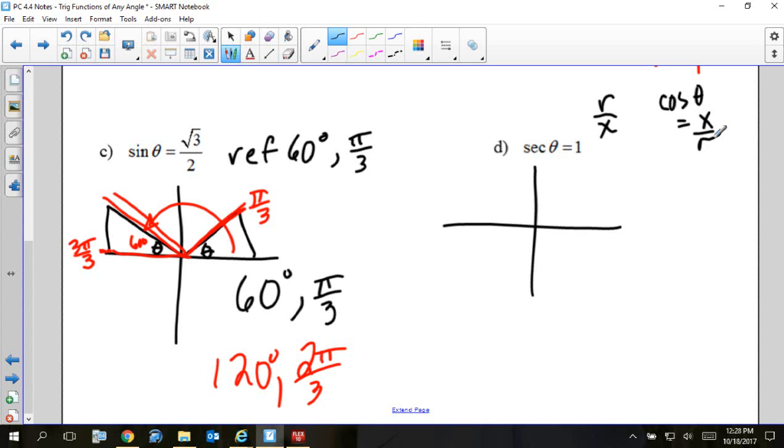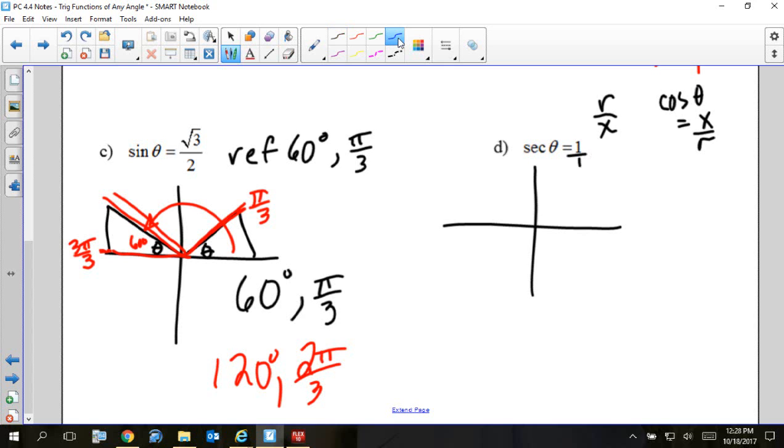But 1 is the same thing as 1 over 1, so for X and R to be the same, the radius and the X value to be the same, you can't have a triangle. For two sides of the triangle to be the same and one of them is a radius, it's not going to be a triangle. So this one is on a quadrant.